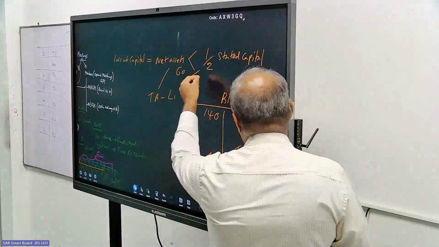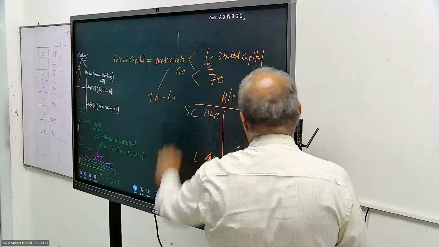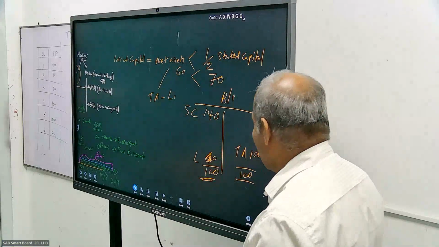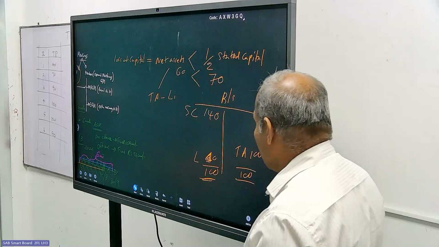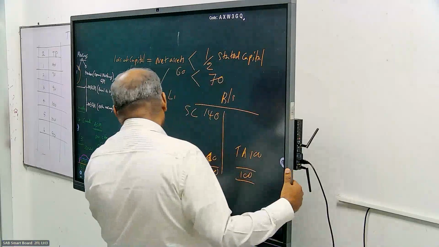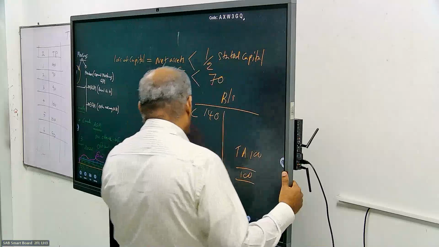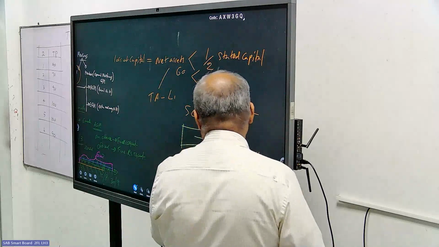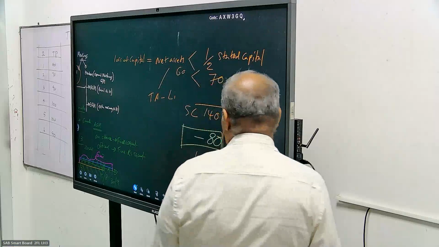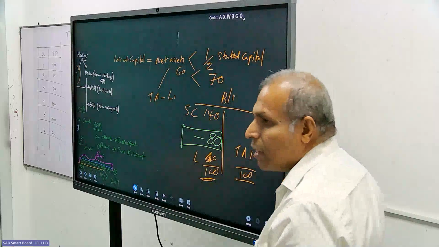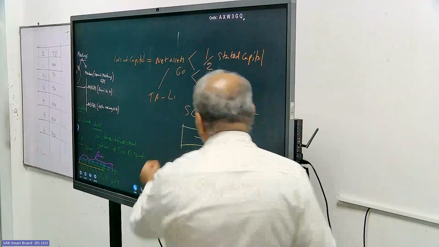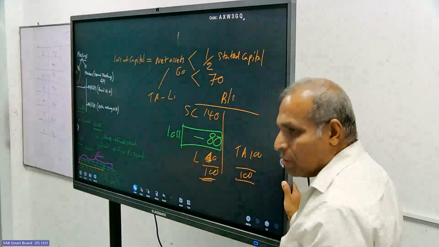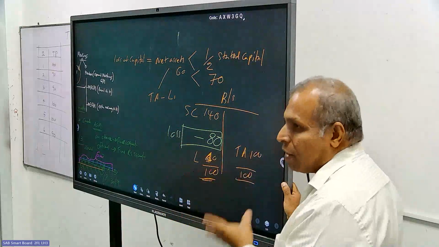Stated capital 140, then half of the stated capital 70. So here we can identify a serious loss of capital. What is the difference? It is minus 80. Minus 80 means loss, accumulated loss in the company. So this is the serious loss of capital.